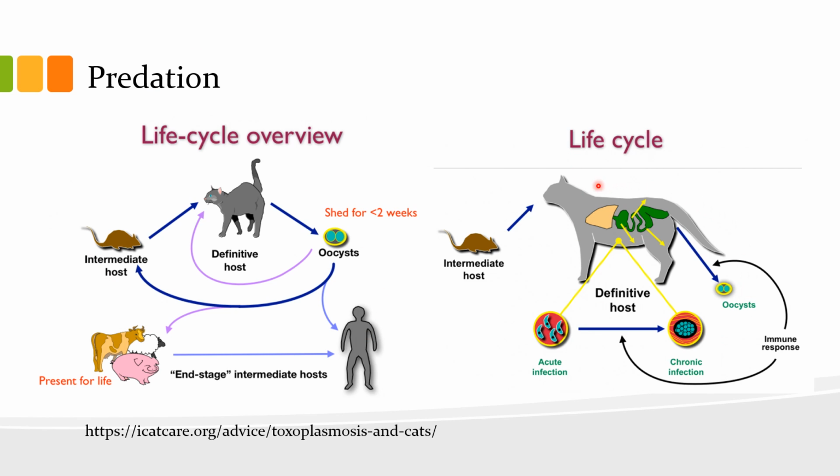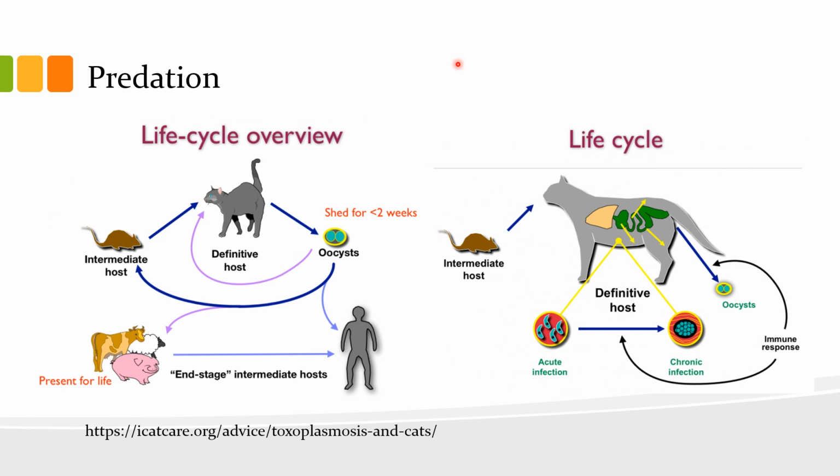The life cycle of Toxoplasma gondii is quite complex and involves two types of host: the definitive host and the intermediate host. The definitive host of Toxoplasma gondii includes the cat, including the wild cat and the domestic cats. The intermediate host of Toxoplasma gondii includes several other animals.